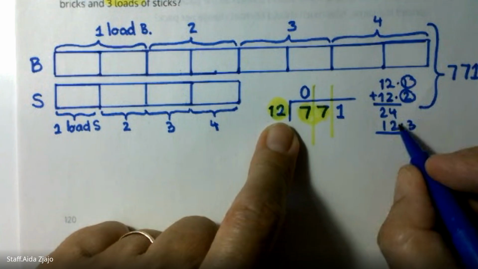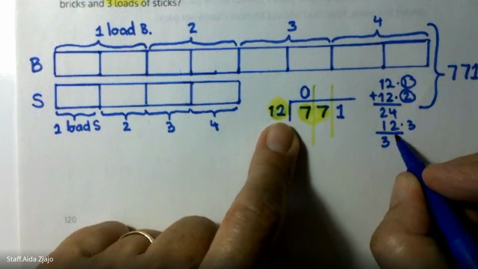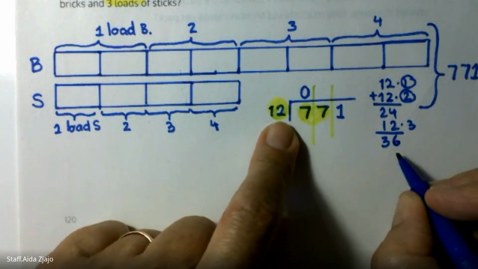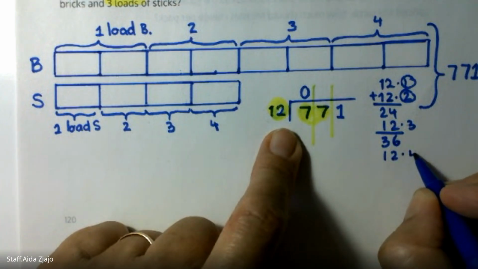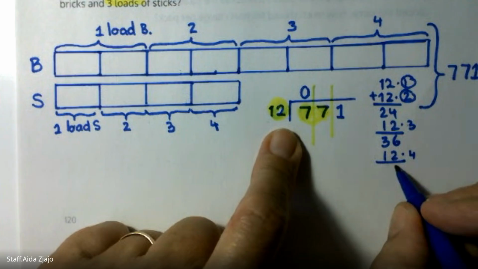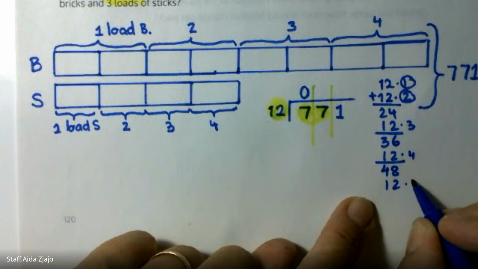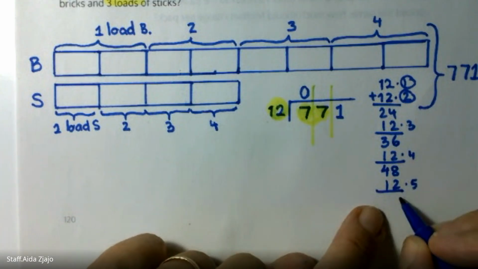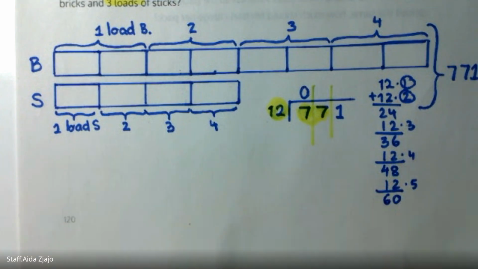If I add one more group of 12, this is multiplication, 1 times 12, 2 times 12, 3 times 12 would be 36. Now if I add one more 12, that would be 4, and that would be 48. One more 12 would be 5, and that is 60.